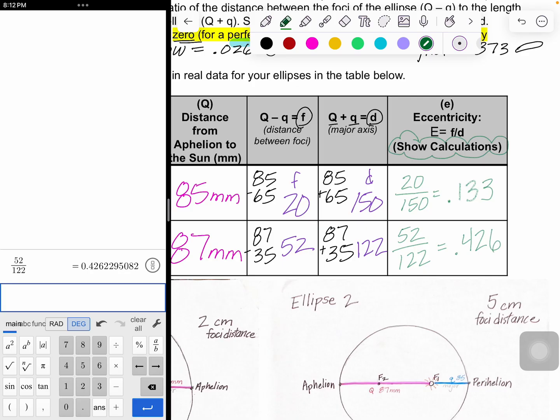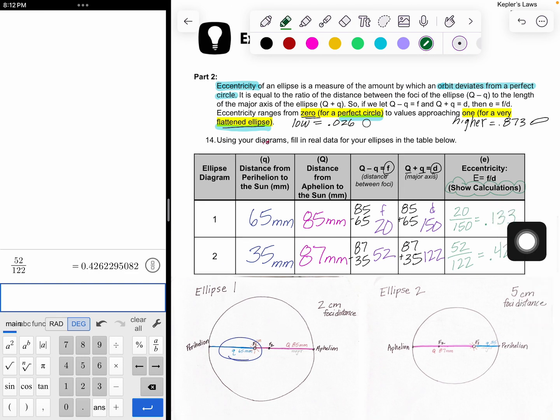Okay? So now when I compare my 2 eccentricities, what I'm looking at is how those orbits differentiate or deviate from a perfect circle. So because I can see that my first ellipse is the smaller number, that's a low eccentricity, I'm just going to draw a little circle right here to remind me that that one's a little more circular versus my second is a little bigger.